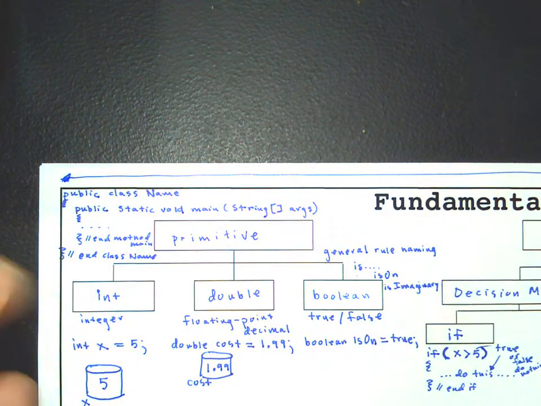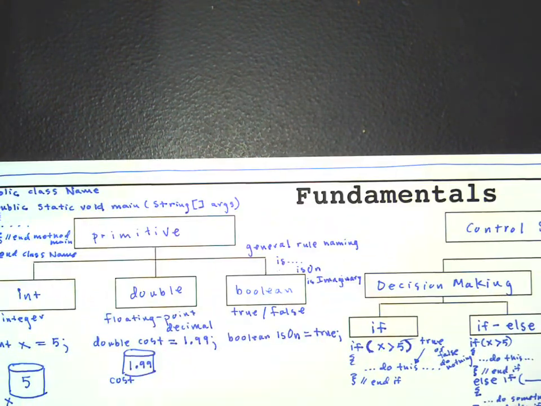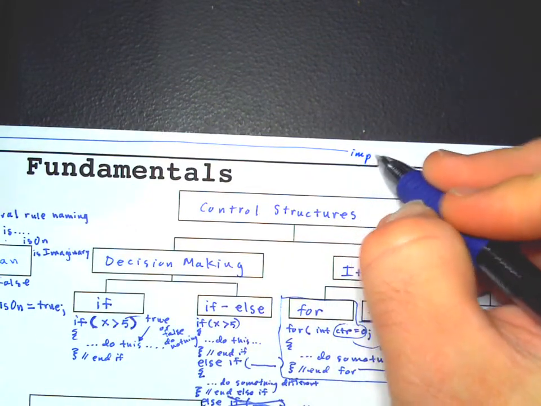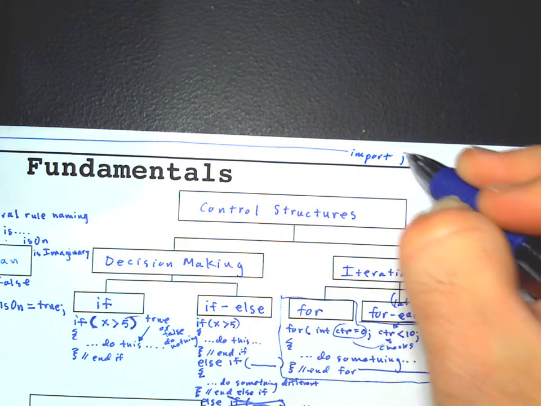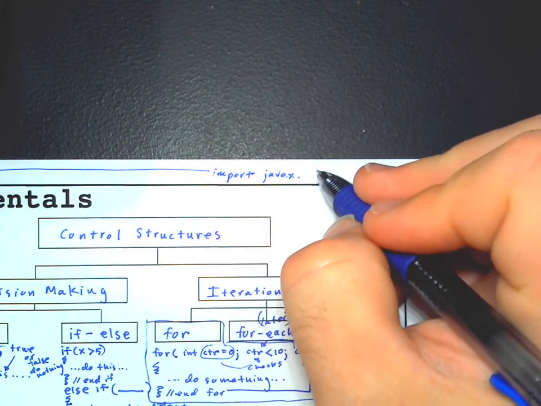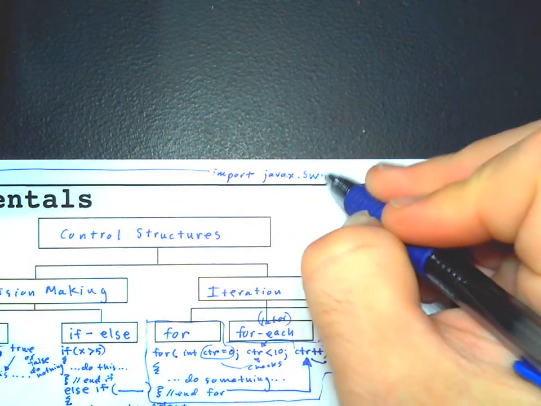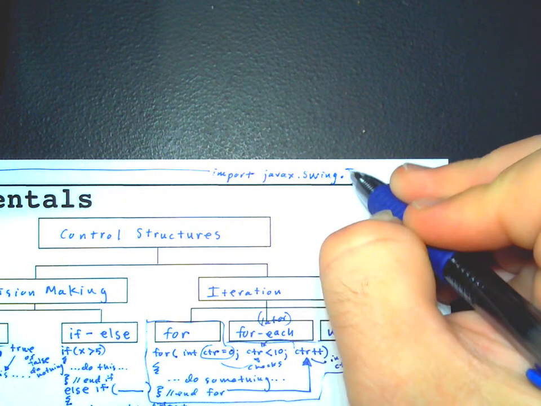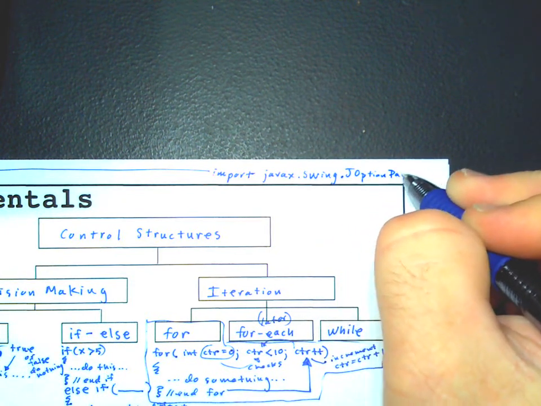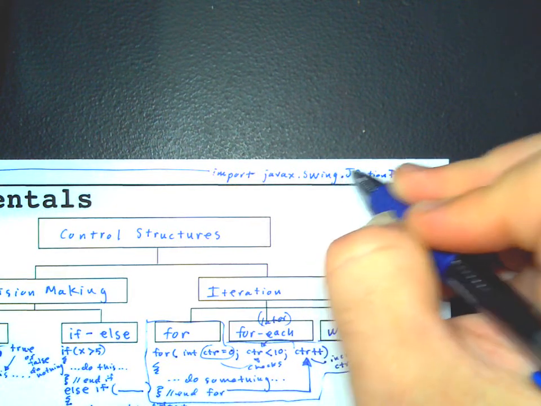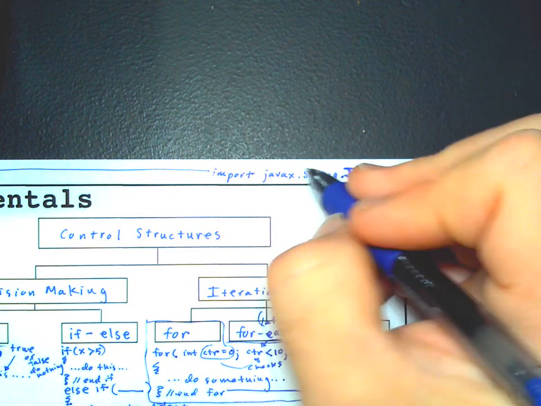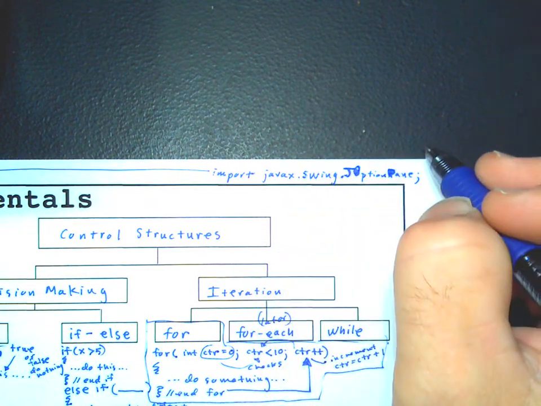But at the top here, if you want to do JOptionPane, which I might ask you to do, before the top you have to say import javax.swing.JOptionPane, and write this clearly. It's capital J, capital O, capital P. Okay, everything else in here is lowercase.